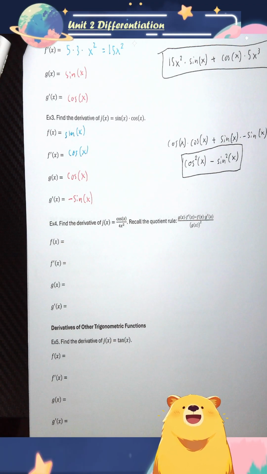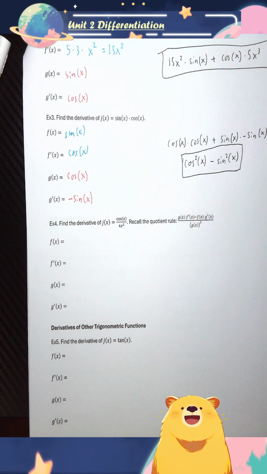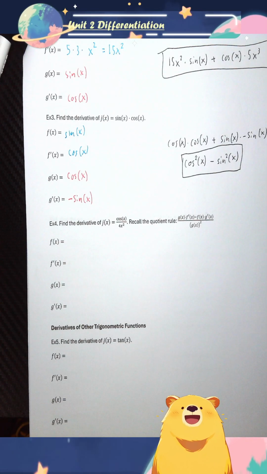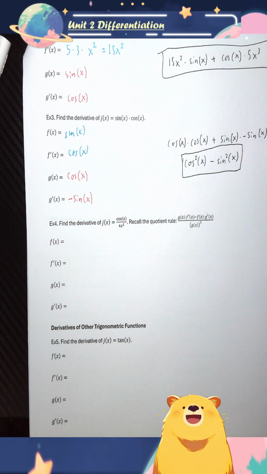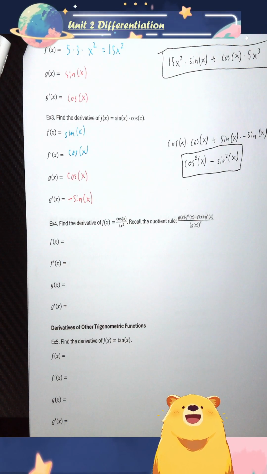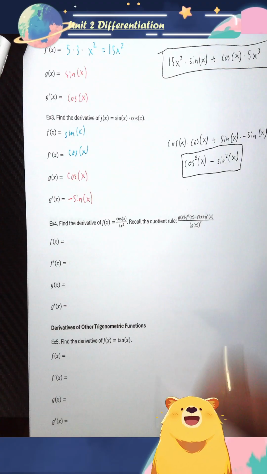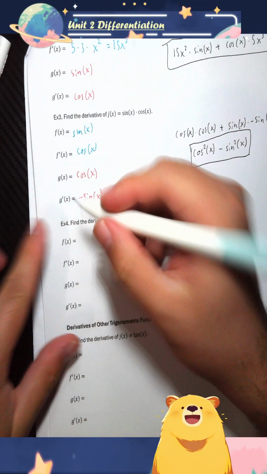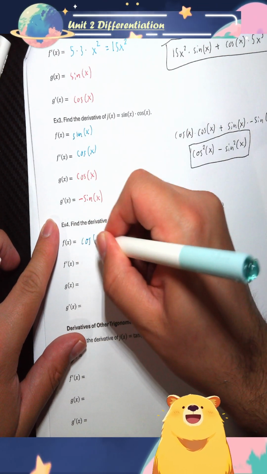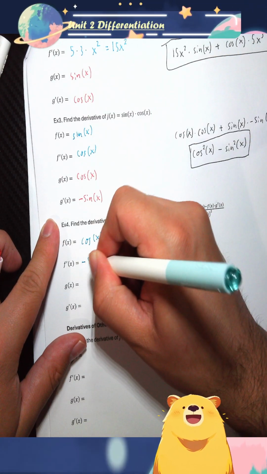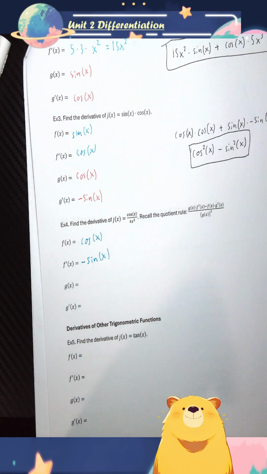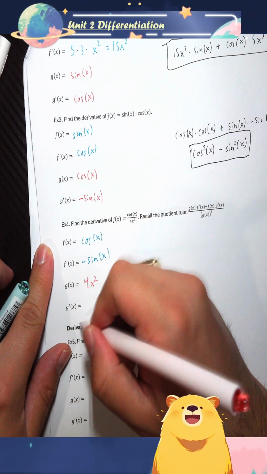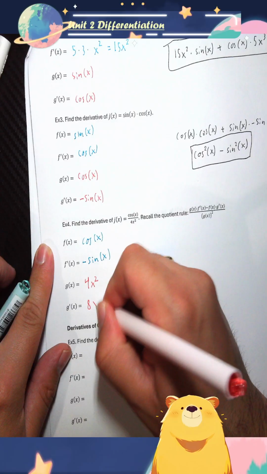Example 4 shifts it just a little bit. Example 4 says the derivative of j of x, that's equal to cosine x divided by 4x squared. Recall the quotient rule. So let's go ahead and define f of x, specifically using this formula. f of x is going to be that top part, cosine of x. The derivative of that is negative sine x. That means g of x is 4x squared, and that derivative is 8x.